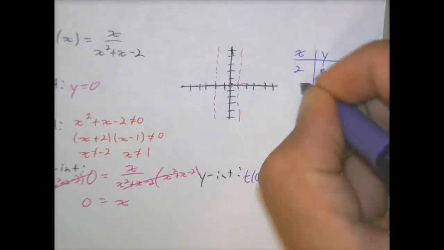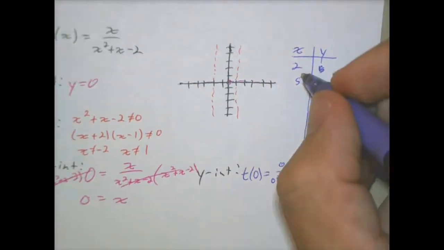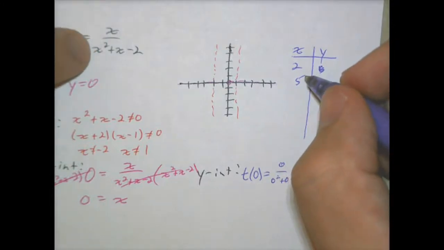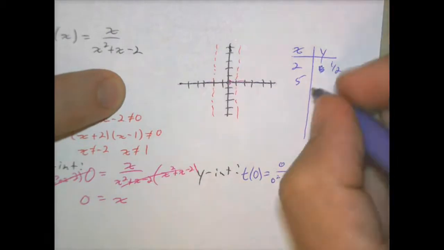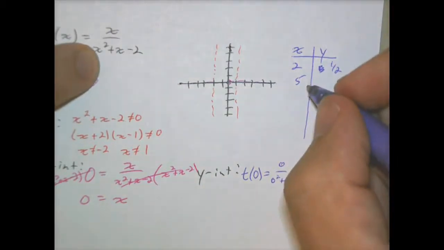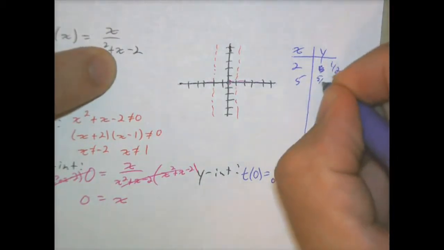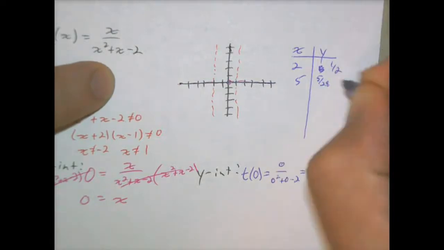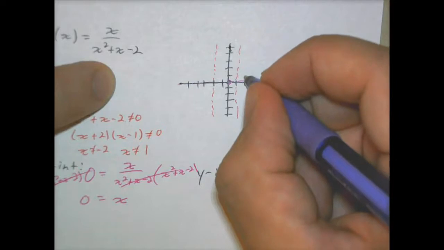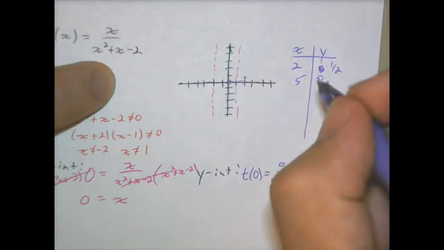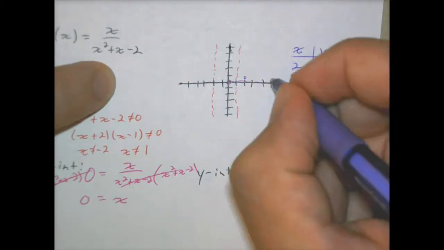I'll pick 5 too. So if I substitute in 2, I have 2 over 4 plus 2, that's 1/2. 5 over 30 minus 2, so 5 over 28. So it looks like 2 gives 1/2, and 5 gives 5 over 28.